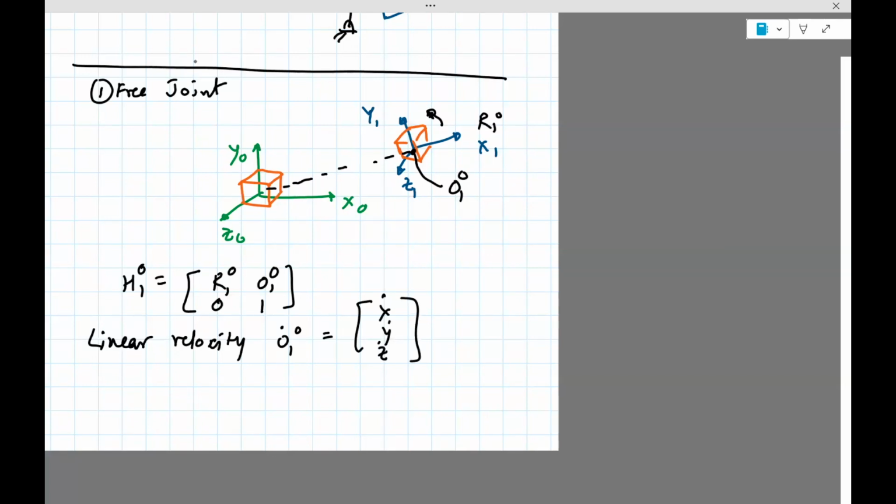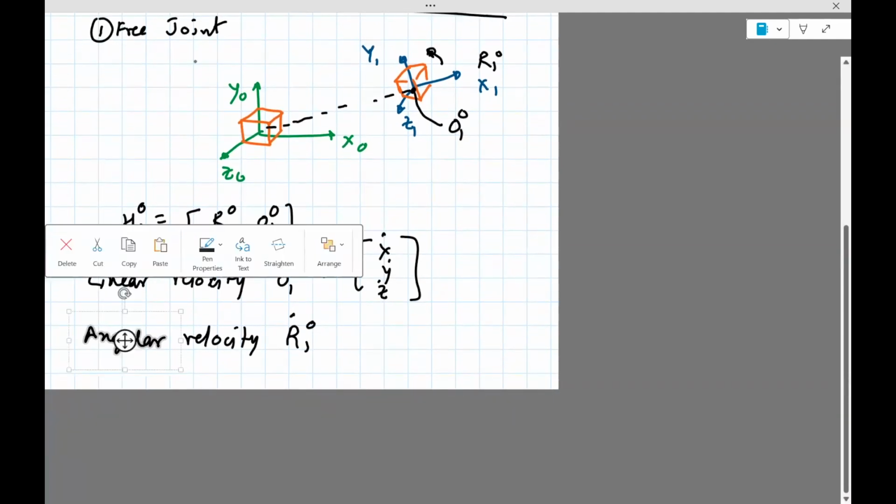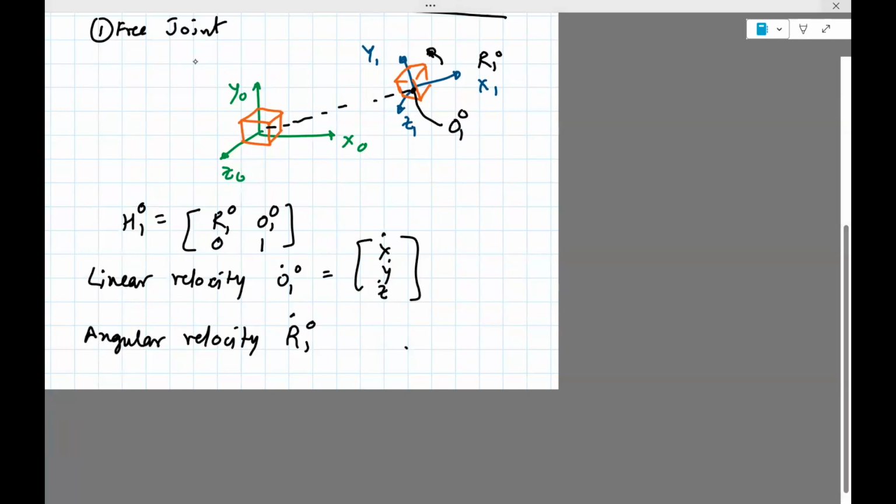It's very simple. However, the angular velocity, which is what we're going to spend a lot of time on, is given by the rate of change of R1, R dot. Okay, so the question is, how is this related to the angular velocity, right?